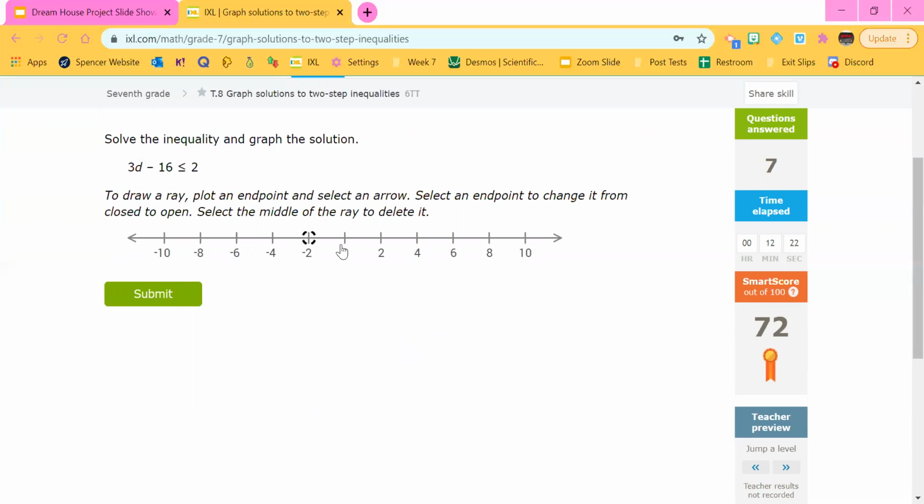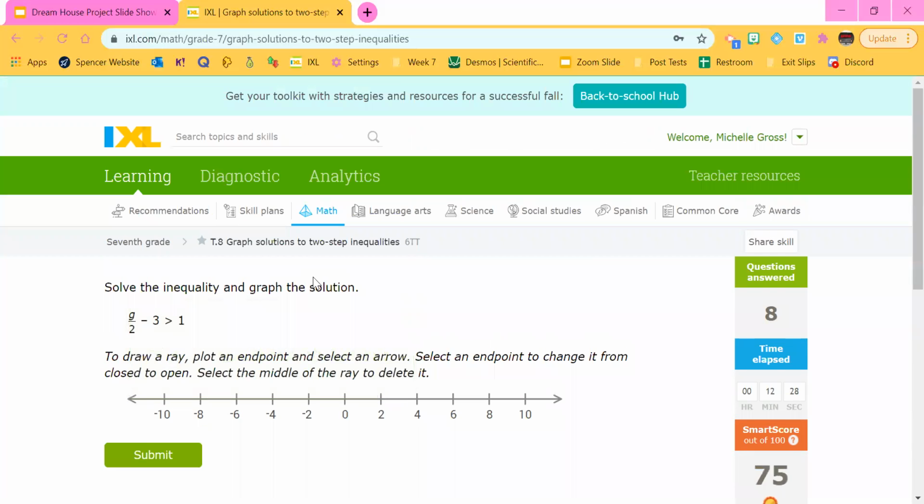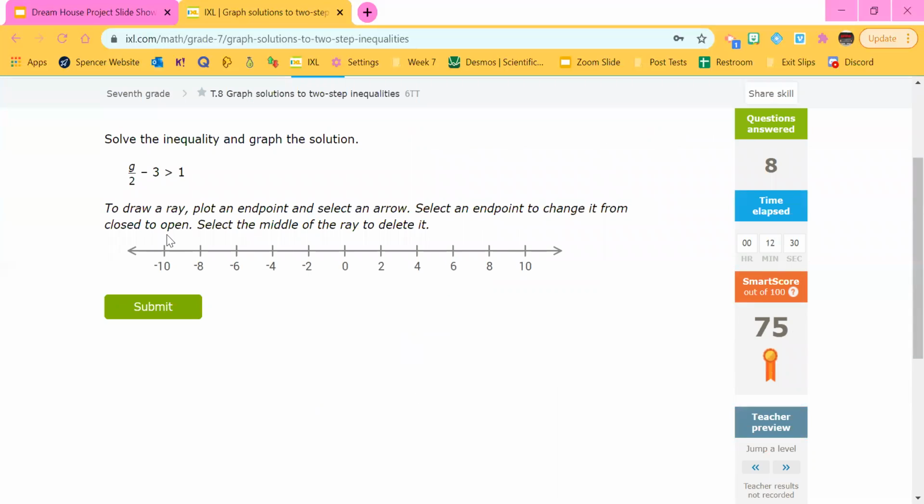It'd be less than or equal to 6. Sorry, guys. We're going to try to get you to the ones that are. Yeah, I wish we had one where we had to flip it, where we had a negative. Yeah, negative coefficient. That one's not going to be it either. 4. That would be G, so it'd be 8, right? Yes. G is greater than 8. Mm-hmm. Open circle.